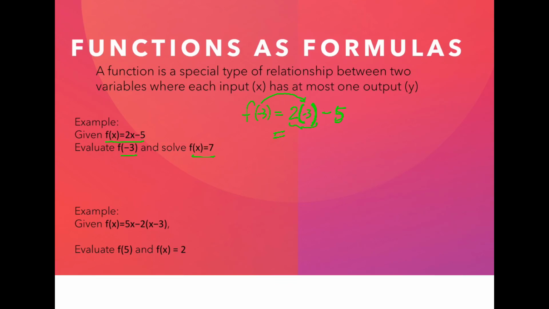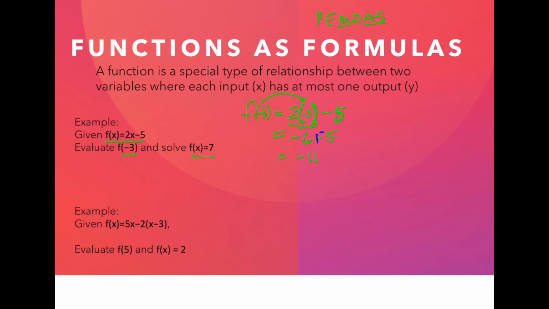We first, of course, will do the multiplication. PEMDAS: Please Excuse My Dear Aunt Sally, where multiplication is always done before addition or subtraction. So that gives me negative 6 minus 5, which is negative 11, because negative 6 minus 5 is the same as negative 6 plus negative 5.